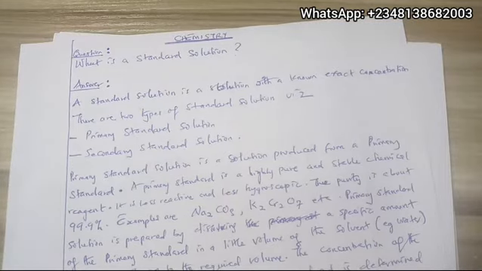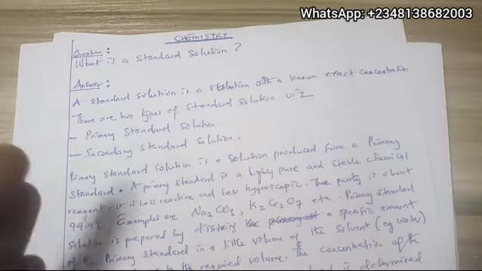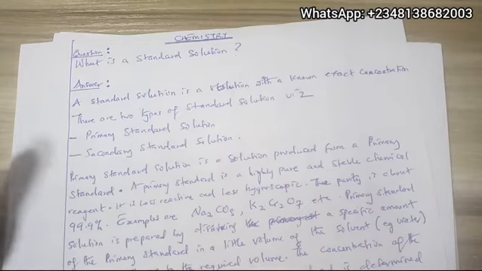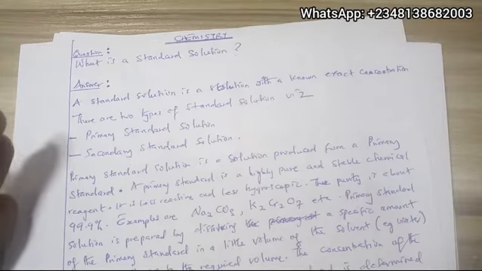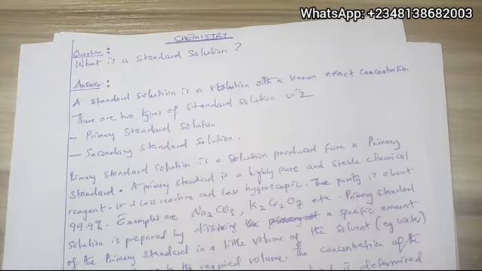Once you get a specific volume of a primary standard solution and titrate it with a volume of another solution of unknown concentration, you can use it to actually determine the concentration of that solution. We'll talk more on that when we get to secondary standard solution. That's all for now on primary standard solution. You can research more on this solution.